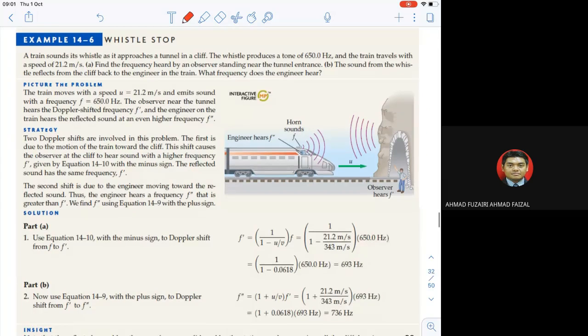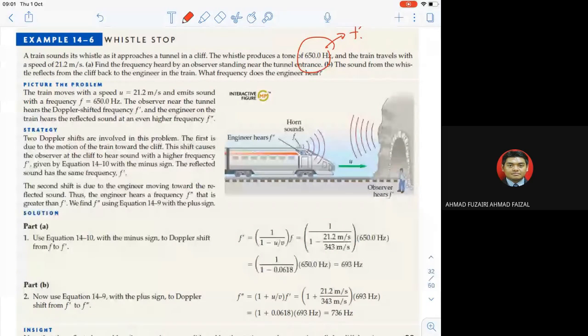A train sounds its whistle as it approaches a tunnel in a cliff. The whistle produces a tone of 650 hertz. So, a train produces a whistle, a tone of this one should be F, and the train travels with speed 21.2.